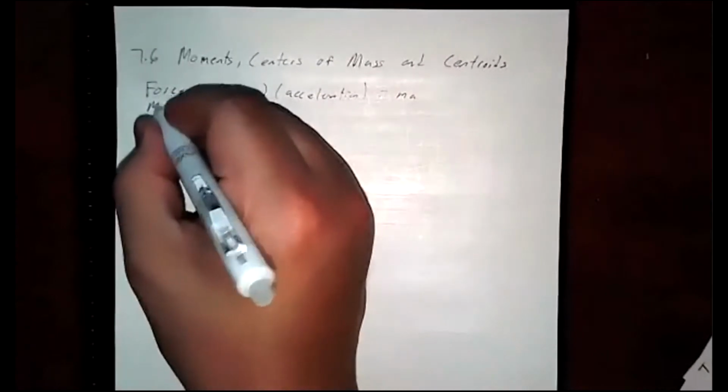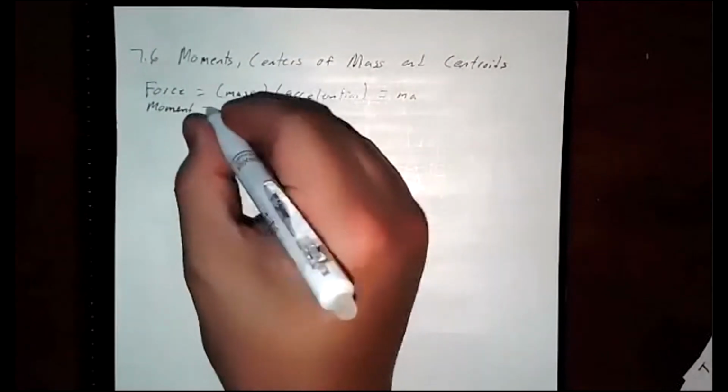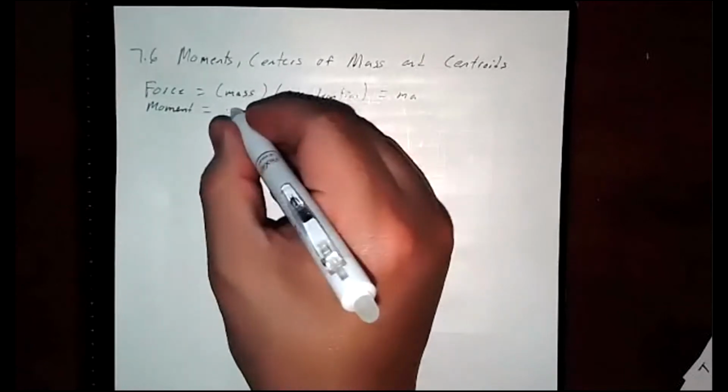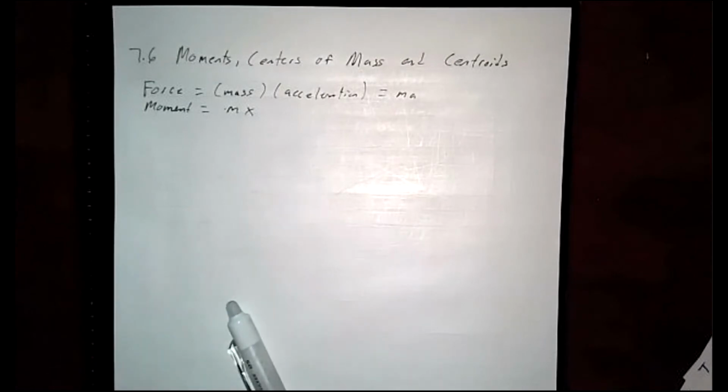A moment is equal to m times x. X is the length of the moment arm, and m is the mass of whatever.